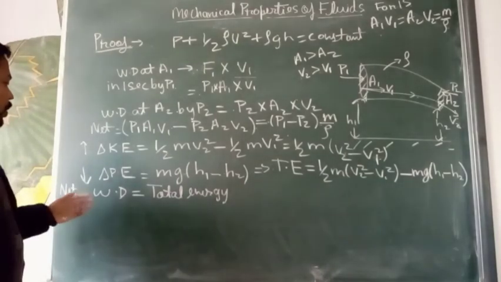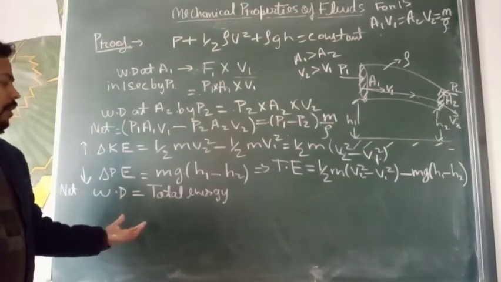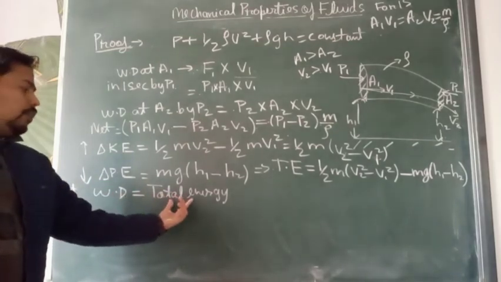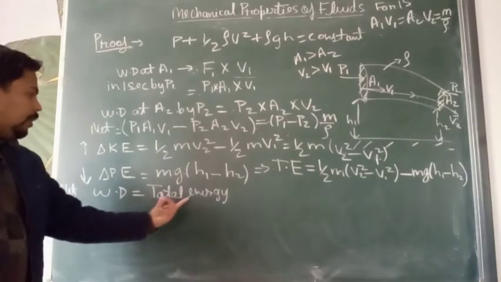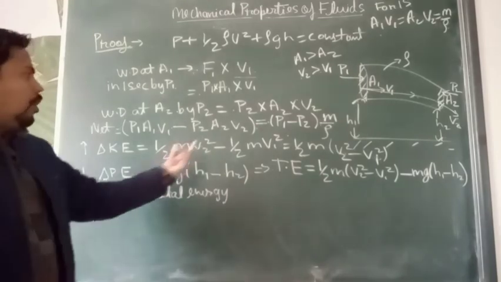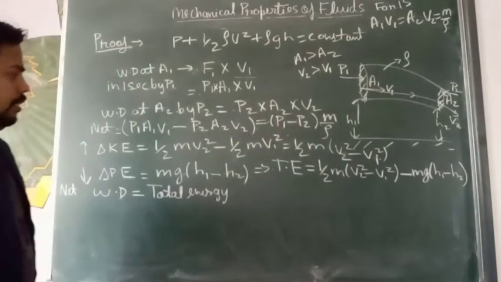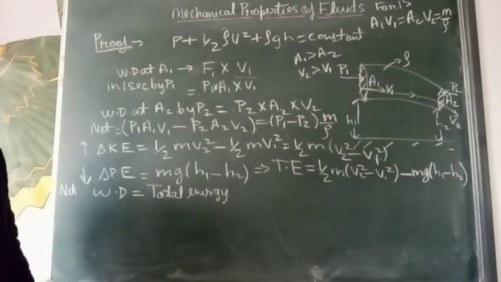Now from these two equations we put here the work done, which we are equating to the change in total energy. In the total energy we have to place the work done which we got in terms of the pressure difference, mass and density. So just place this formula and let's see what we get.